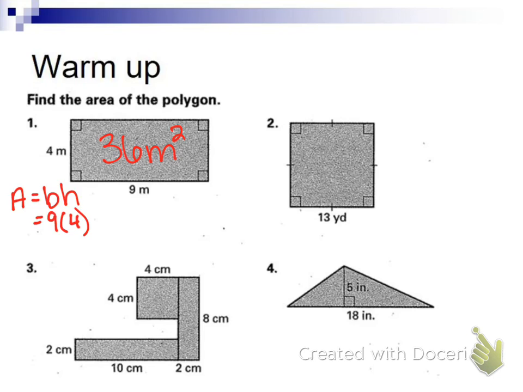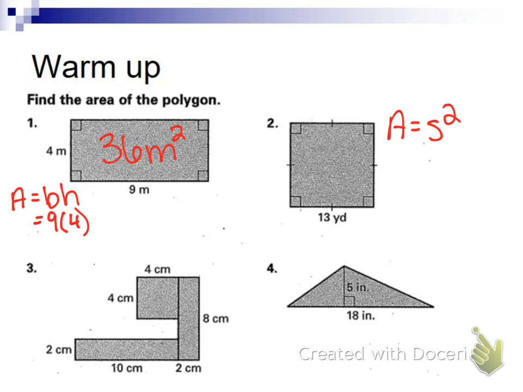On number 2, what type of polygon do we have? A square. Okay, squares are rectangles, so if you want to think about it like a rectangle, you can. But it is a square. So what is our formula for the area of a square? Side length squared. I heard some people say it.